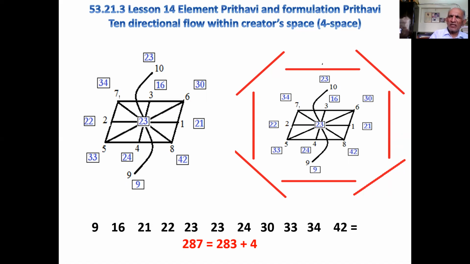within 4 space, with 5 space as origin, is a full expression of an 11 directional setup, with the 11th direction being the inflow within the transcendental origin itself.